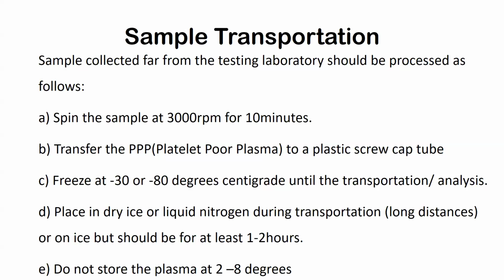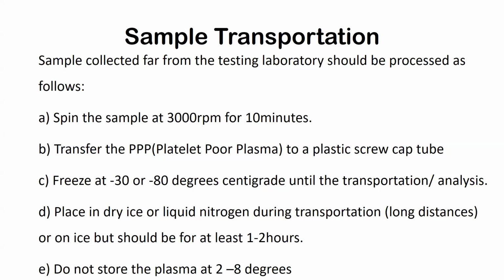If you are going to do it later, for longer storage, we advocate for -80. Maybe not for longer storage, -30 works until the analysis or transportation. However, for transportation over long distances, we advise dry ice and liquid nitrogen.